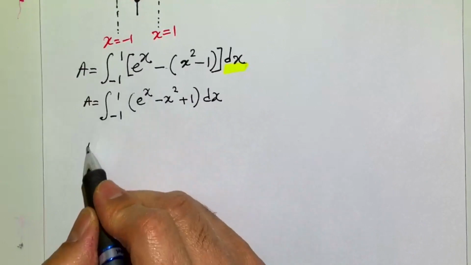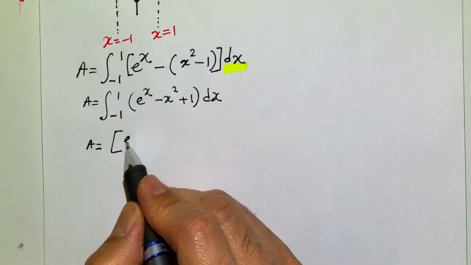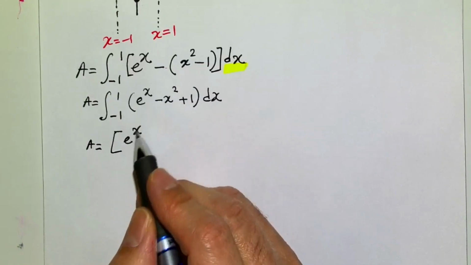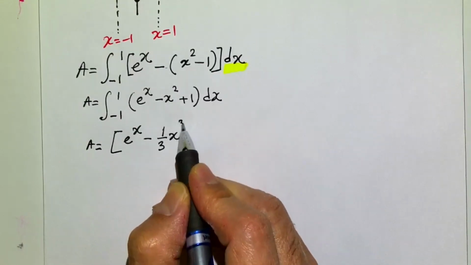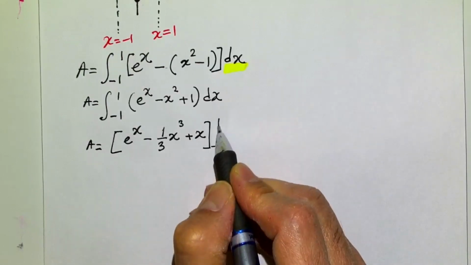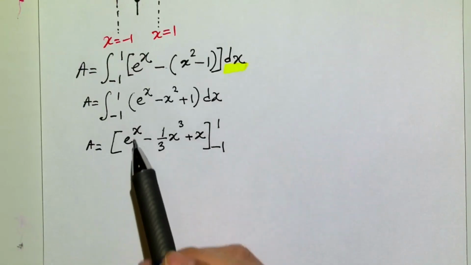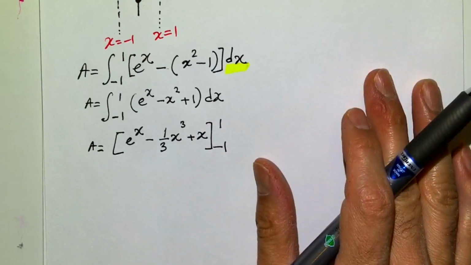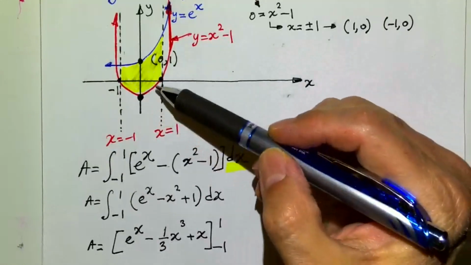The area is equal to e to the x, which is the integral of itself, and minus 1/3 x cubed plus x, going from -1 to 1. By the way, there is a property of integrals that you can use, well, in this case, can we do that? No, in this case, we couldn't do that.